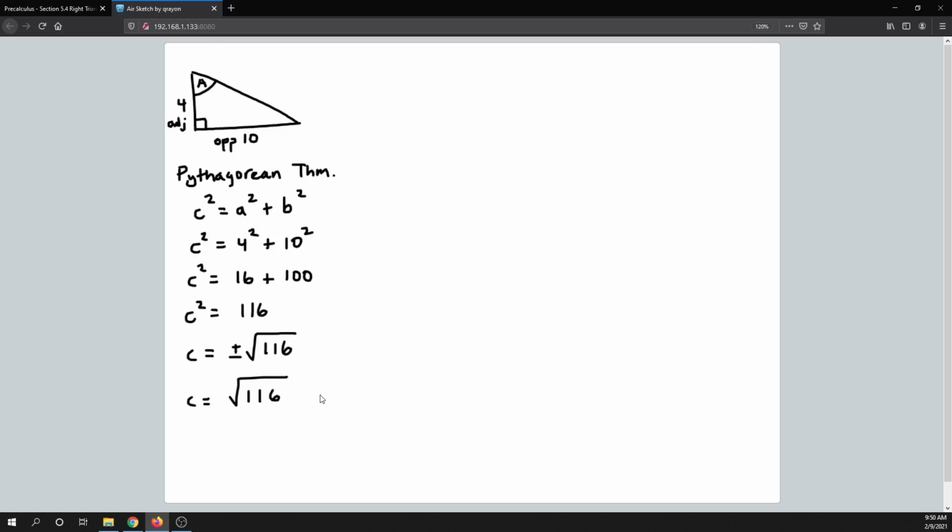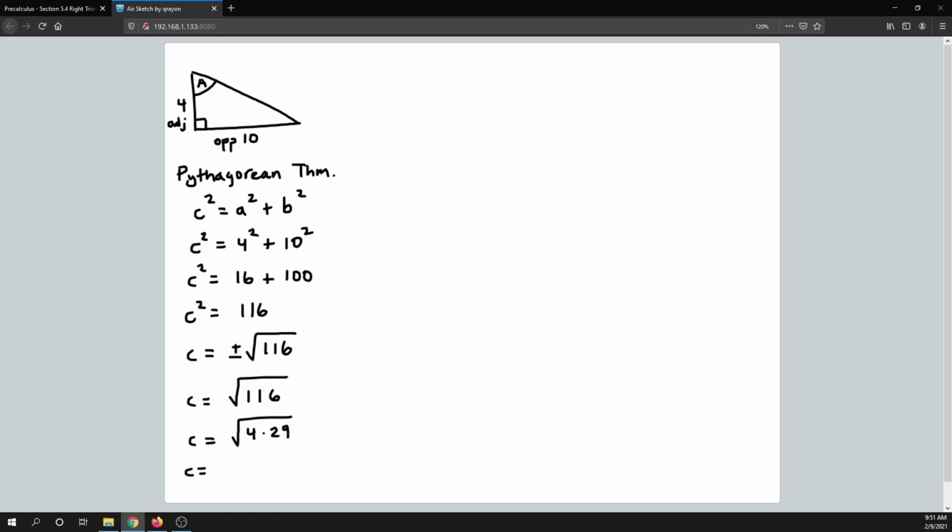And now we need to simplify that a little bit. Let's see. So we're looking for a perfect square that will go into 116. And 4 will go into that 29 times. I think that's right. Yeah. All right. So that is 4 times 29.